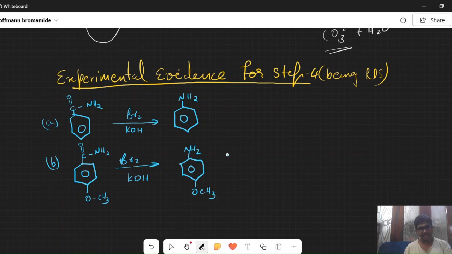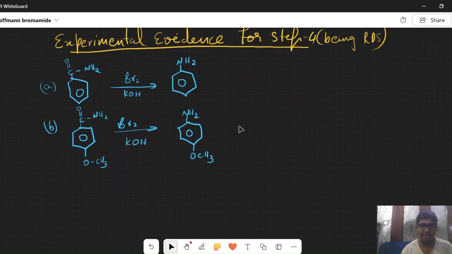We'll consider another reaction again, but this time instead of an electron donating group, we'll consider an electron withdrawing group. So we'll take, say, a nitro group here.